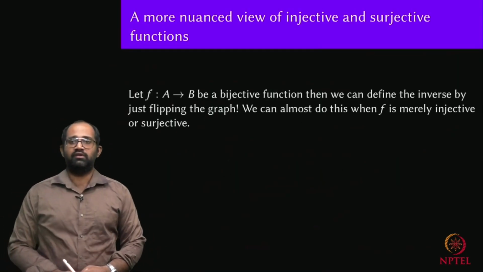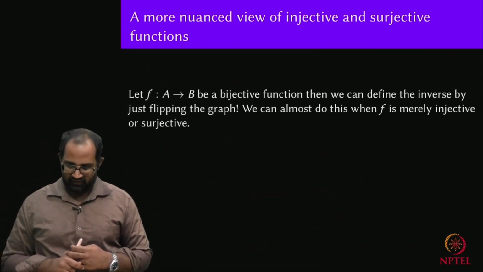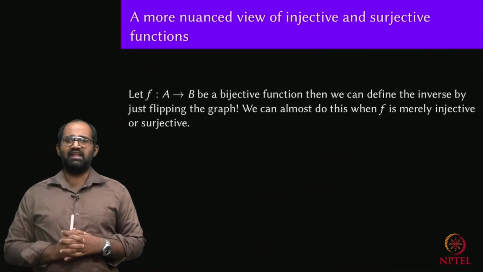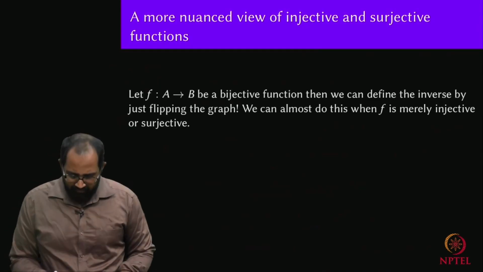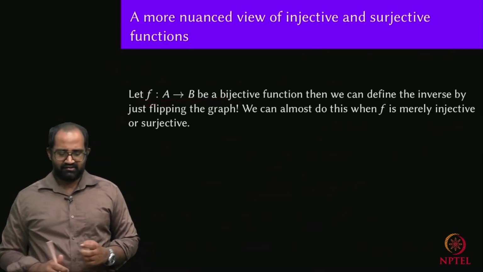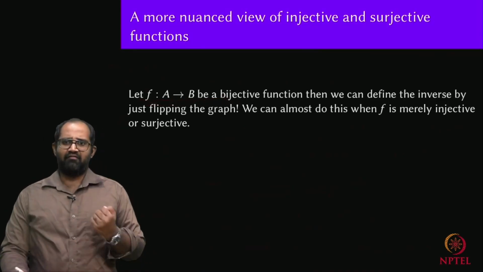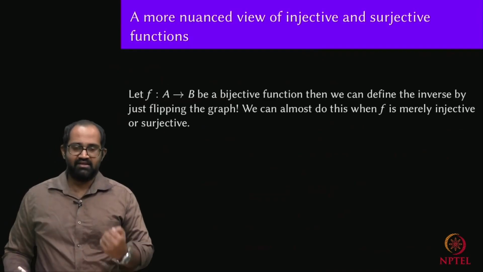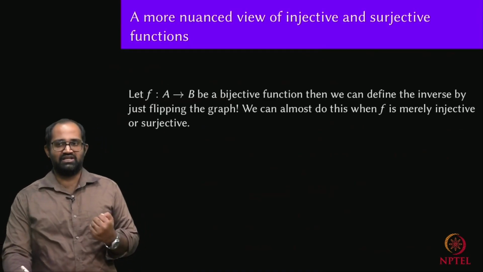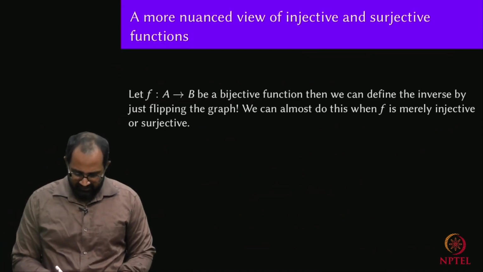Now, on to this more nuanced view of injective and surjective functions. So, the starting point is this: suppose f is a bijective function. Now, what does this mean in more glorious detail? Well, a function after all is just a subset of the Cartesian product. So, what we call a function f is in reality a set.